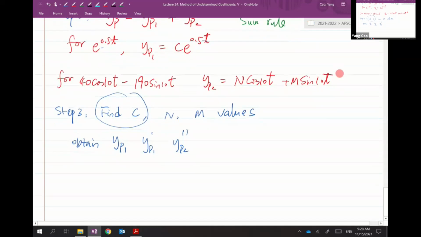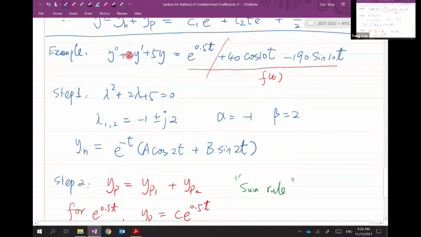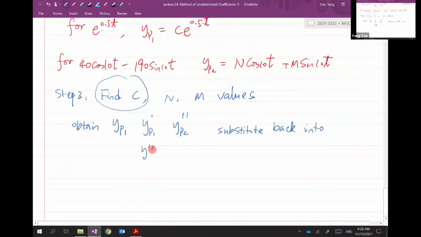And then substitute back into your original equation, Y double prime plus 2Y prime plus 5Y, equal to e to the power 0.5t.